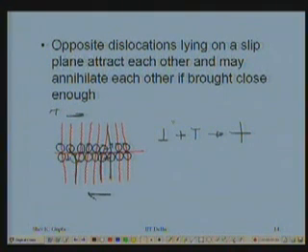Also it can be seen like this. When I have a dislocation like this, I have compressive strains here and I have tensile strains here.